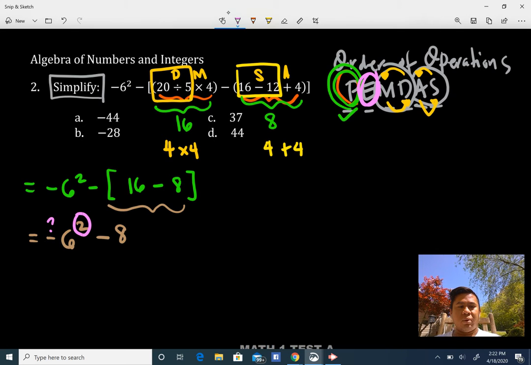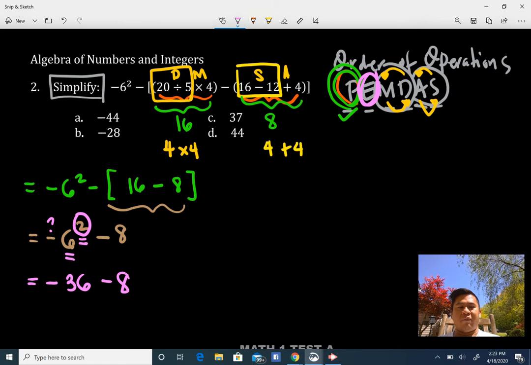Instead, I am simply getting the square of the 6, but not the negative 6. So with that being said, I will simply copy the negative in there, and then since 6 squared is equal to 36, 6 times 6 is equal to 36, and I'll put a minus 8 after that.